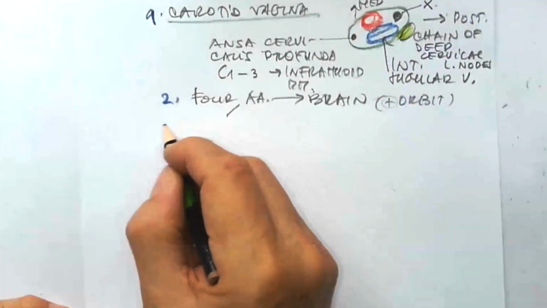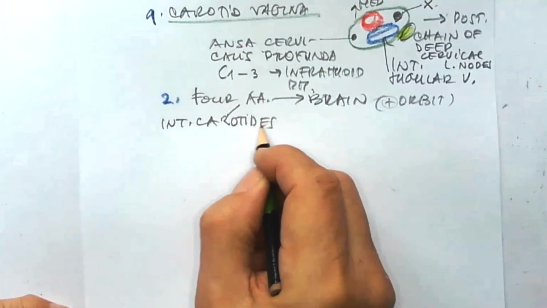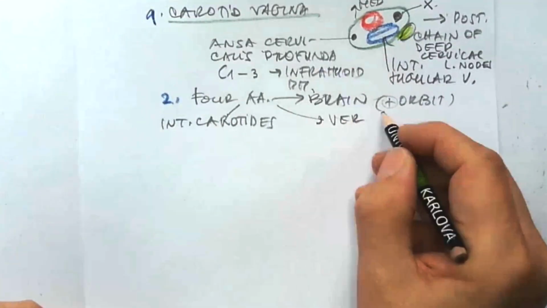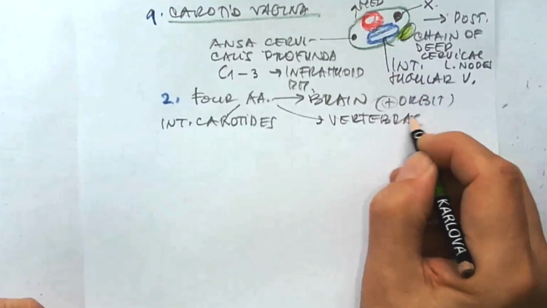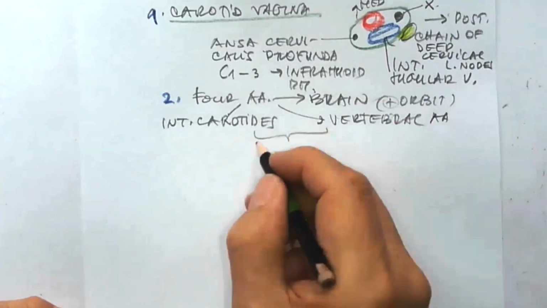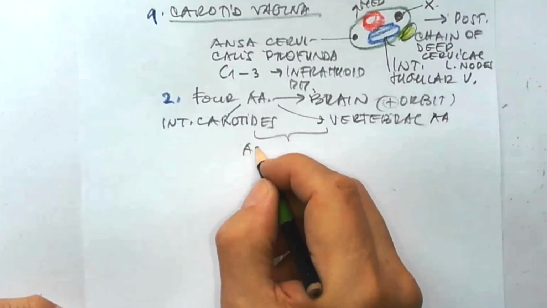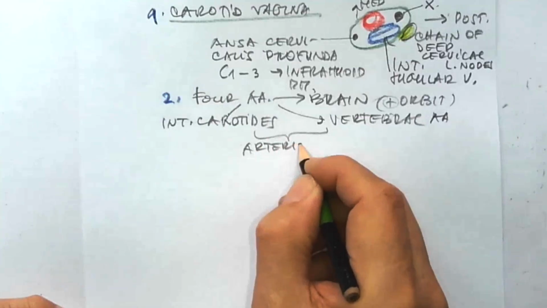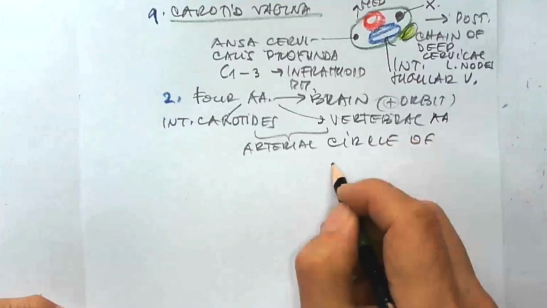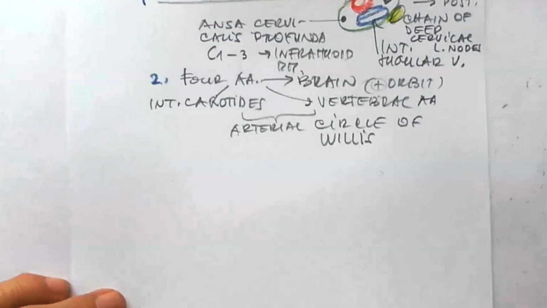So which are the internal carotid arteries, internal carotids, and also vertebral arteries, and everyone knows that all these join together, forming on the base of the brain the arterial circle, circle of Willis. We will remember this name, Willis's arterial circle, circulus arteriosus.